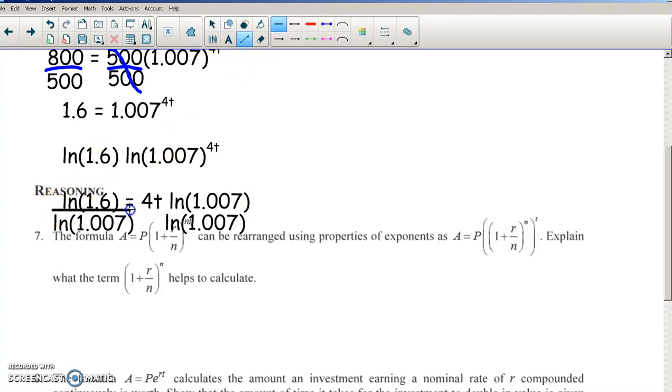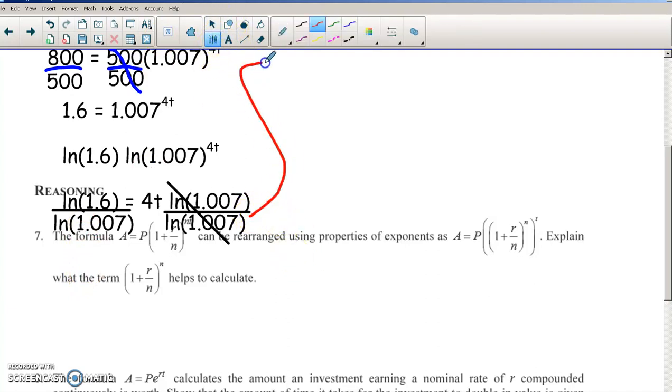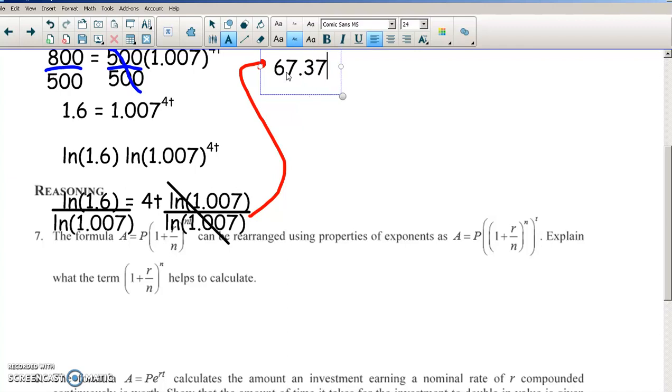And at this point, you're going to have to type that guy in on your calculator because I don't really see anybody getting this without that. So when I type this in, I'm going to move my work up to here. I get 67.3781 is now equal to 4 times the time.